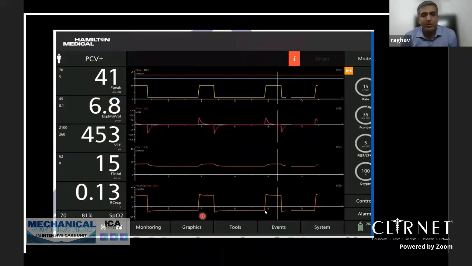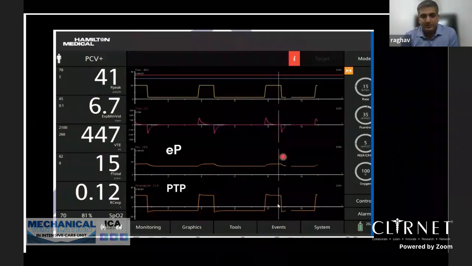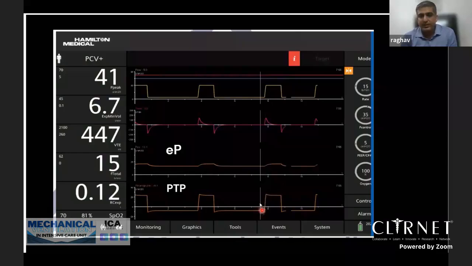So what do we need to do? We can see in this figure what the intensivist is doing. He will increase the PEEP till the transpulmonary pressure becomes 0 or slightly positive, like 1 or 2.